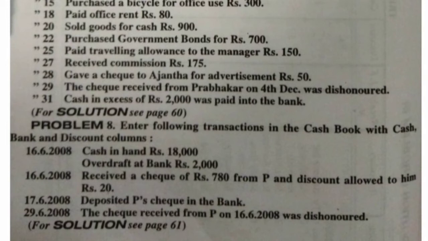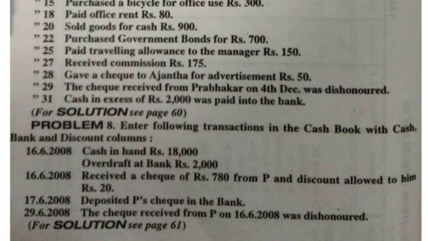Received a check of rupees 780 from P. What would be the journal entry? If you write in your notes, you will understand. Please try to write whatever journal entry I am telling. So the entry would be on 16th June: received a check of rupees 780 from P and discount allowed to him rupees 20.